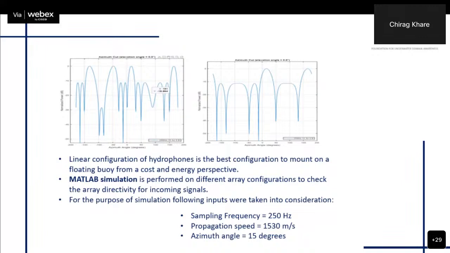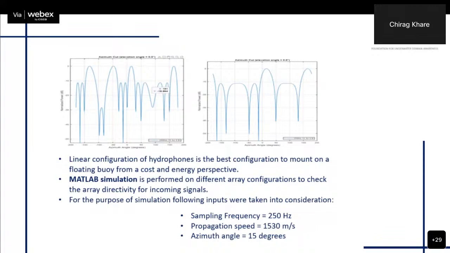So a MATLAB simulation is done here to show the results of various array configurations, that is basically done over a two-node system and a four-node system with gap spacing different in each system. And for the purpose of simulation, the following inputs were taken into consideration.